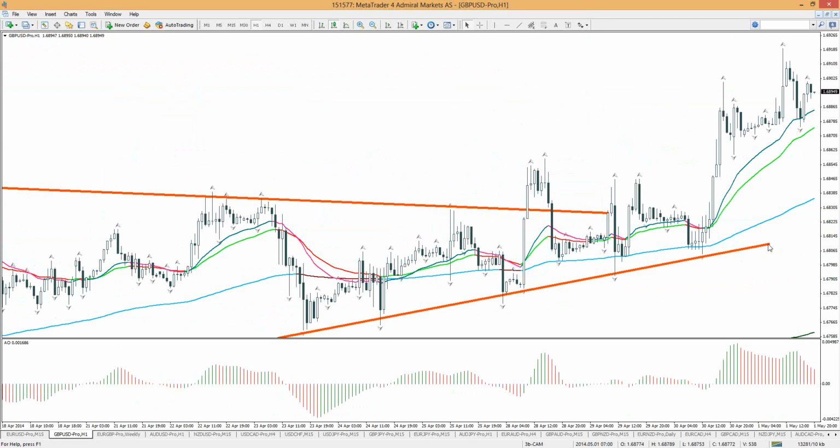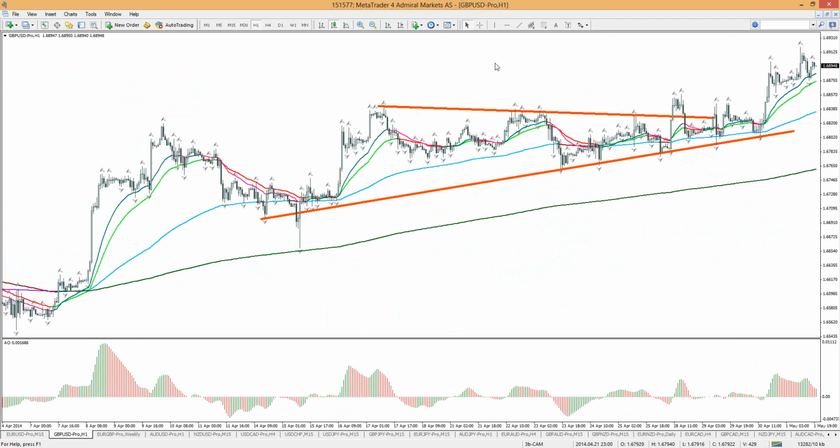Now we can look at tons of examples here, but let's take a look. These were three Pound Dollar examples that I took on this 1 hour chart. Here, to be precise, here and here.